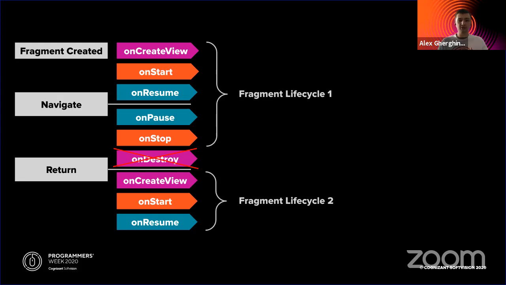That's why, from its point of view, there are two completely different lifecycles. But having the same instance of the fragment, it just held all the state the previous iteration of the fragment had. I'm talking about that lambda again. So actually, we have two observers that are both called whenever the live data emits.